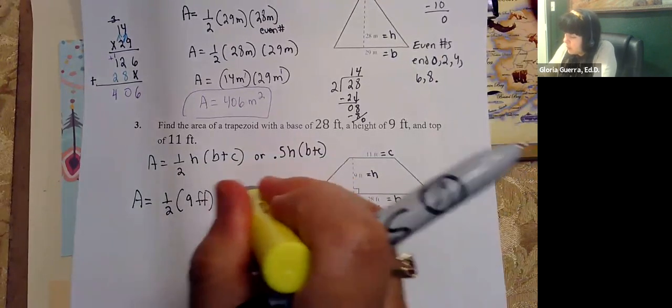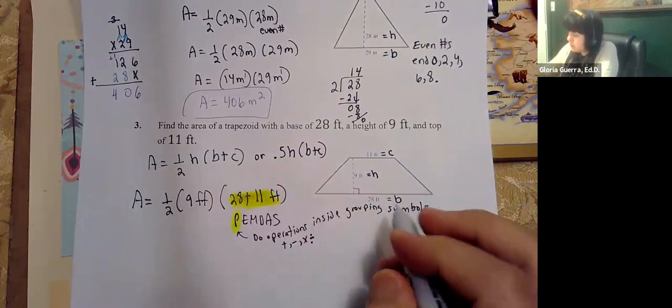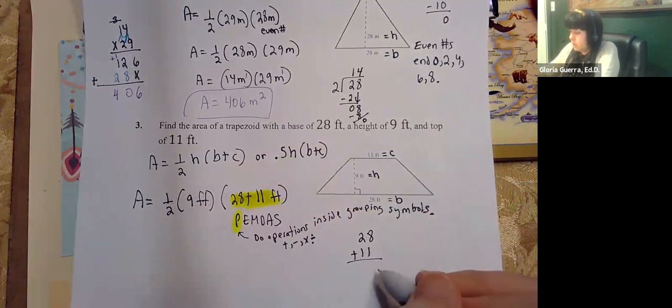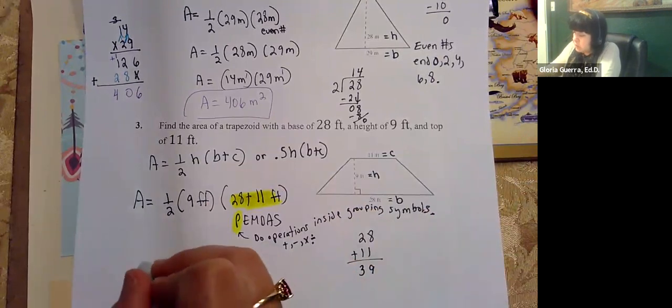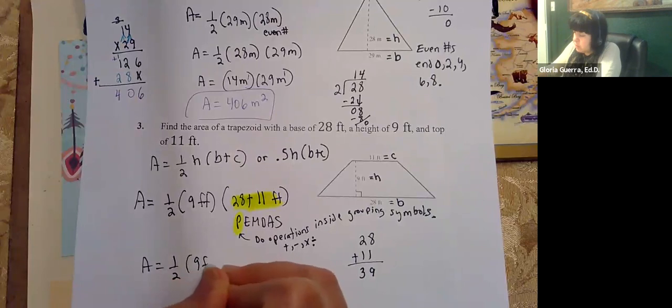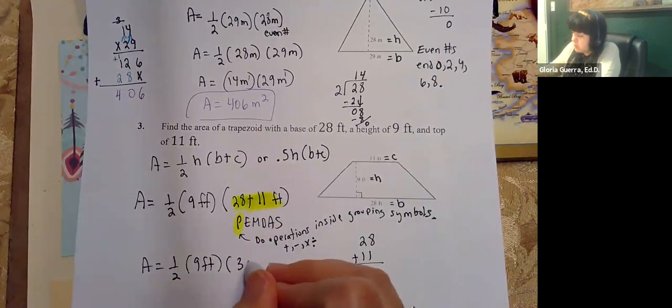So when I add the 28 plus 11, 8 plus 1 is 9, 2 plus 1 is 3. So it looks like that's 39. So area is equal to 1/2 times 9 feet, and then 28 plus 11 is 39 feet.